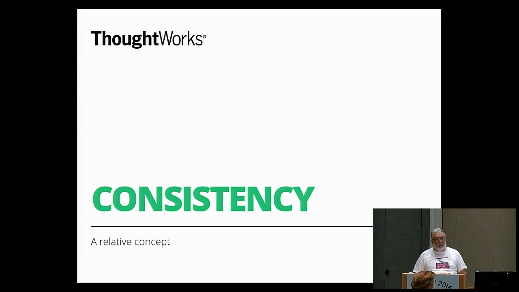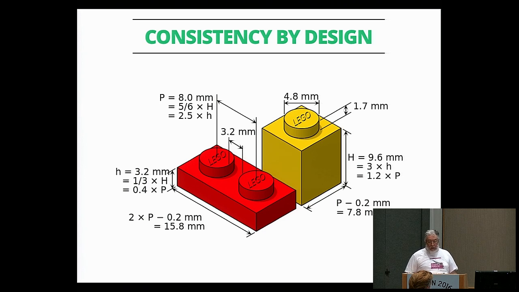So let's talk about consistency. Consistency is a relative concept, right? One of the things that I like most about Lego is not only that they're fun to play with, but I also think they are an amazing feat of design. So you learn good design. One of the features, for instance, is that all of the measurements in the bricks are related in very smart ways.